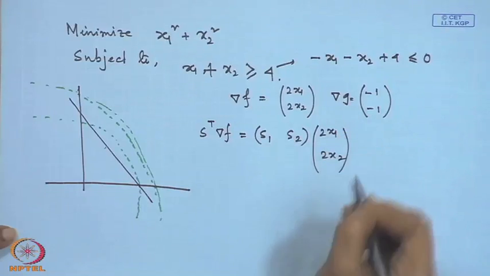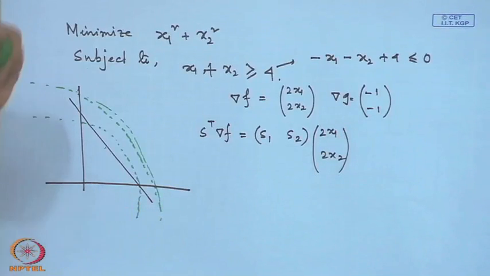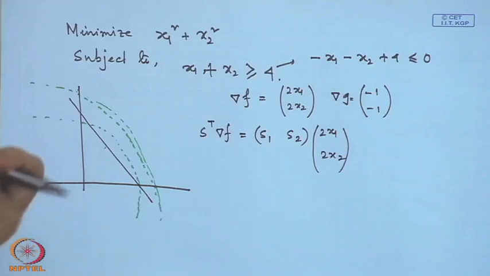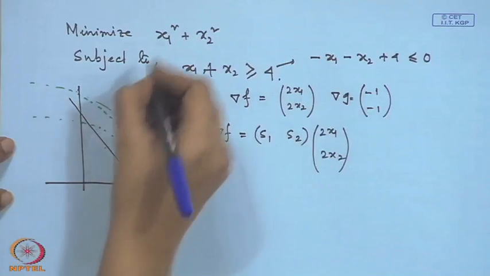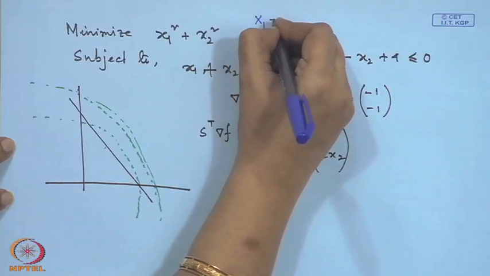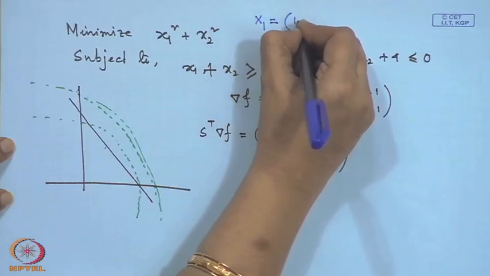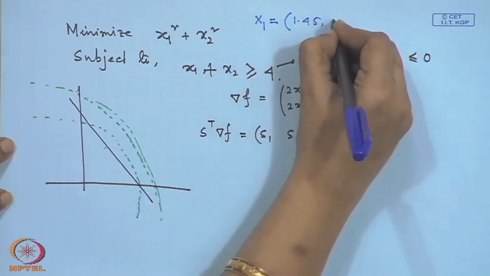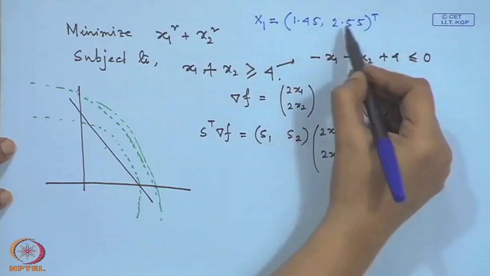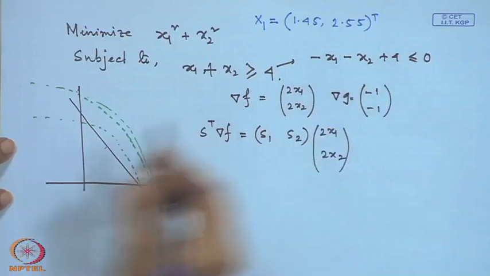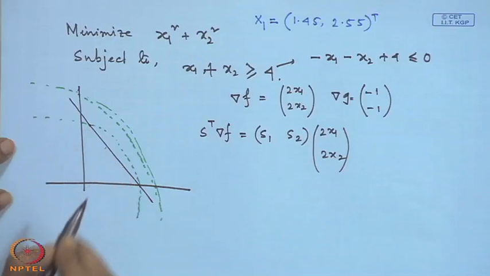Let us start the process with an initial point x1 = (1.45, 2.55). This is very much satisfying the constraint. Let this be the point for us.